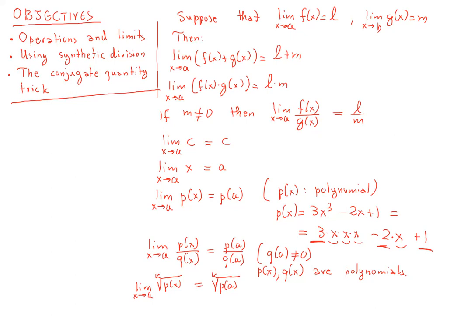We would like now to focus on some examples. So first of all, let's note that if somebody gives us a limit where plugging in is possible, then that's all that we will do. So let's say that we want to compute this limit.